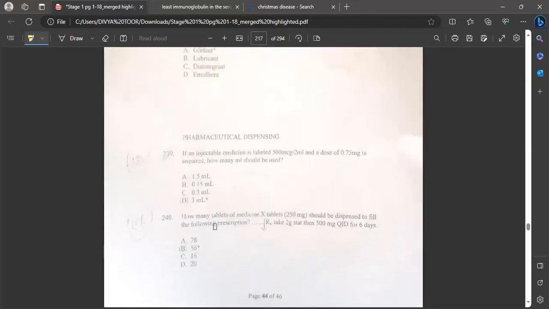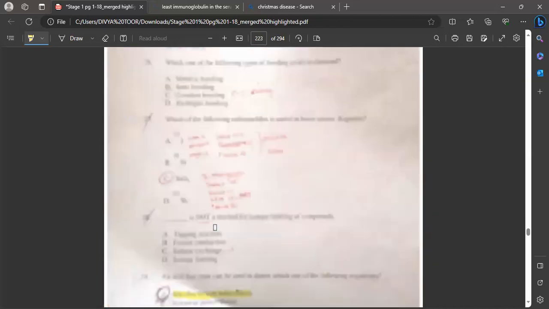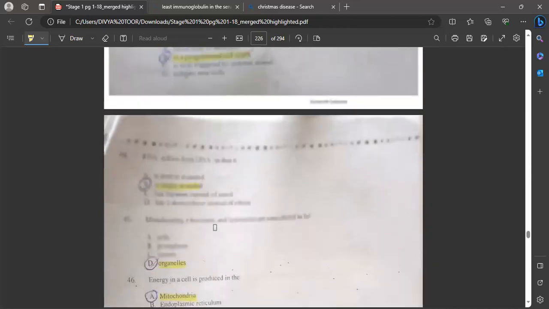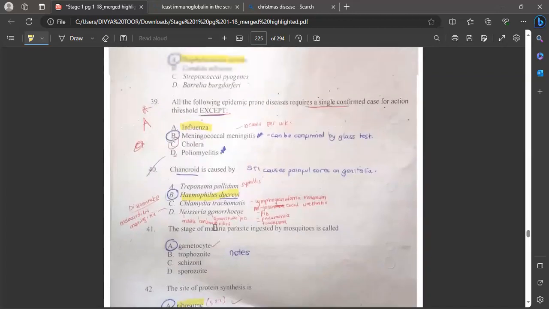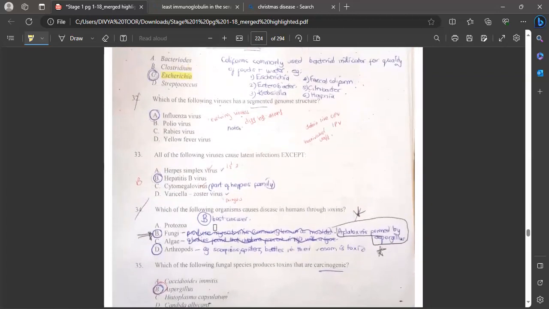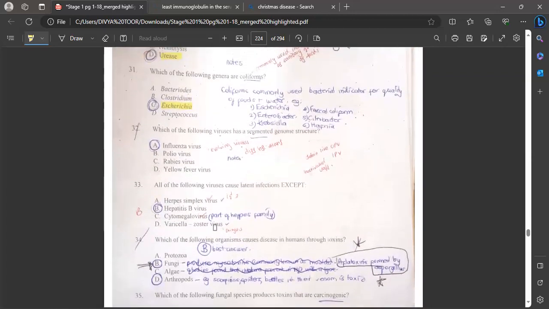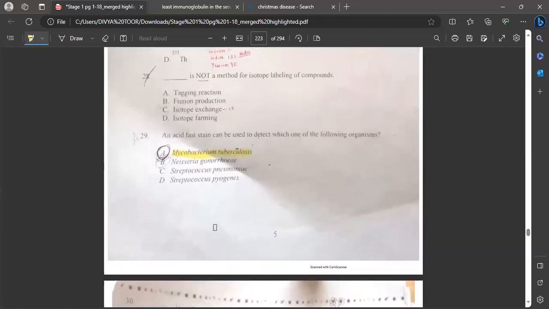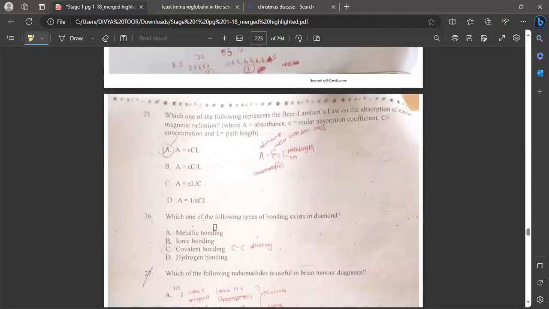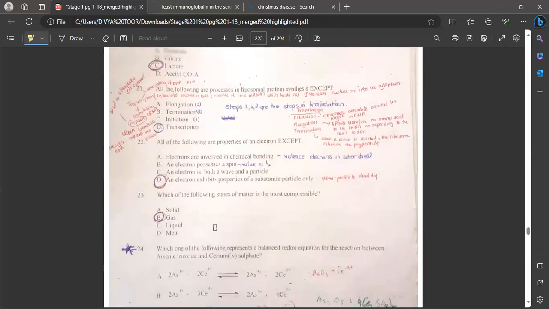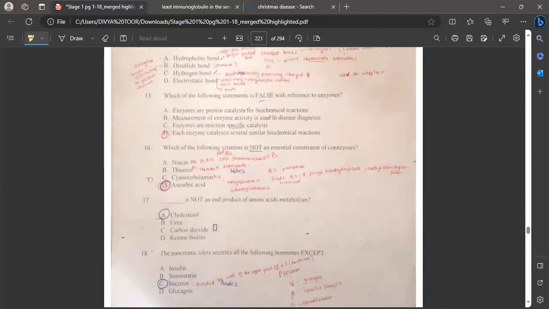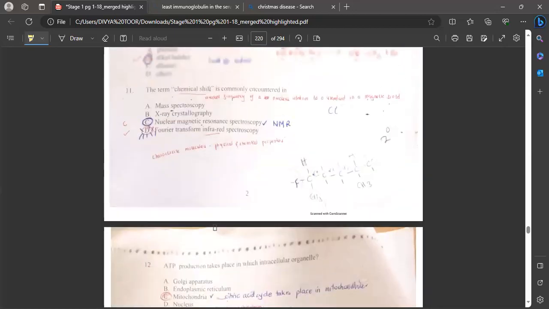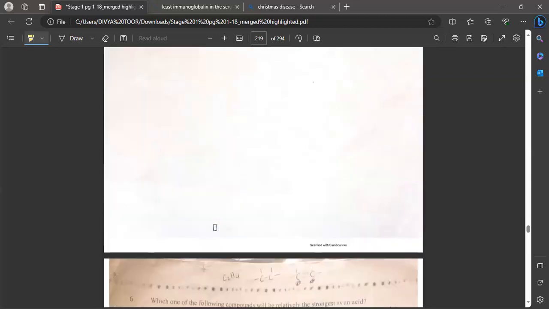What is this? Pharmaceutical dispensing. I think this has paper 1 and paper 2 combined. I've seen IgM somewhere. Where in this one? Just go up. It's okay, we can just check.